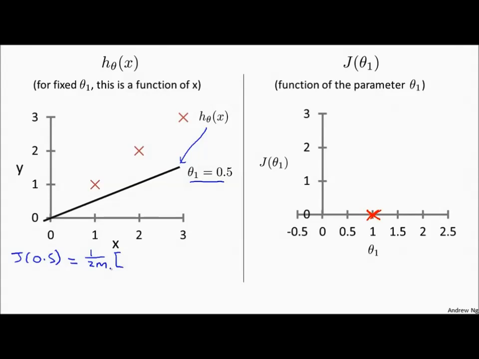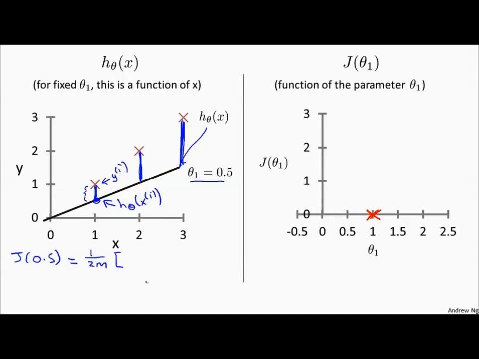It turns out that the cost function is going to be the sum of squared values of the height of this line, plus the square of the height of that line, plus the square of the height of that line, right? Because this vertical distance is the difference between y^(i) and the predicted value h of x^(i).